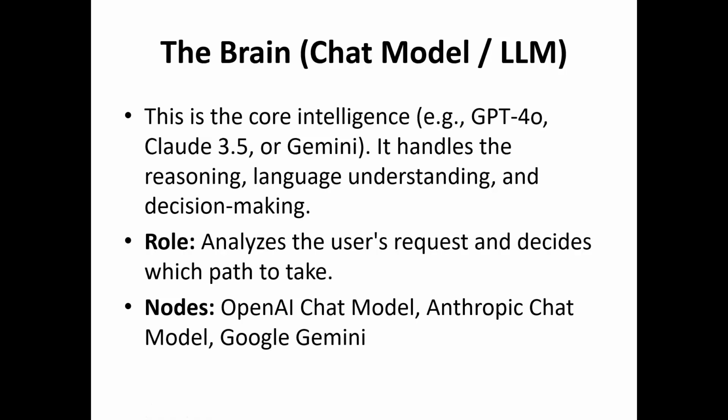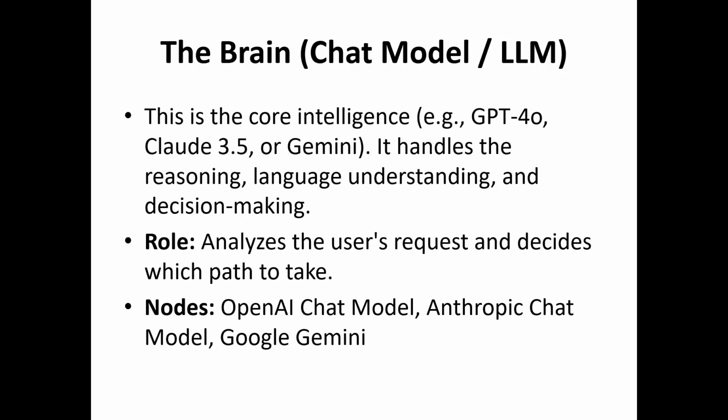In place of the chat model, you can use those language models that we have, ChatGPT, Claude, Gemini, and all that. So they are helpful to make your agent smart. This is the part that is responsible for thinking, for understanding, and for decision making.